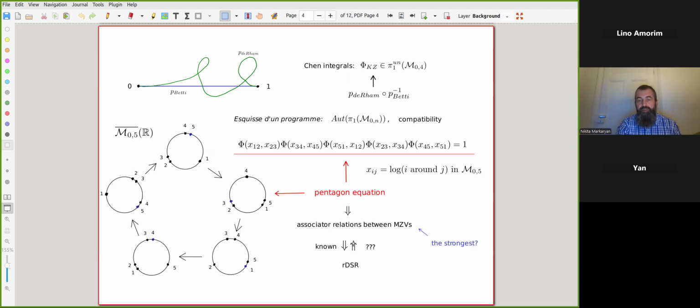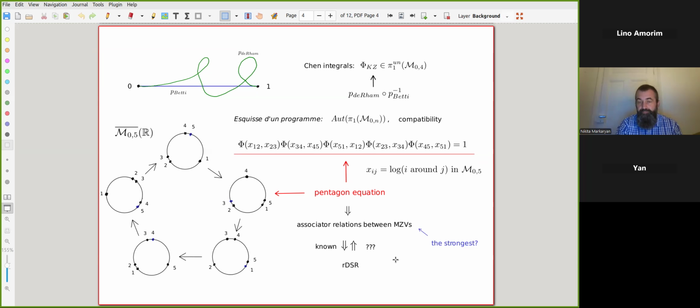And to prove this statement was, as far as I understand, the initial motivation of Drinfeld, Terasoma, but since then this was proved in many ways, by Furusho, Enriquez, Furusho as well, and many others. So there are a lot of proofs of this statement, which is, if you believe that it's the strongest one, not surprising that it's true.